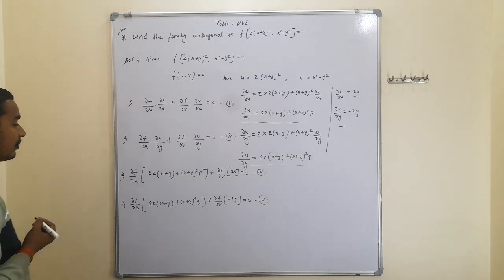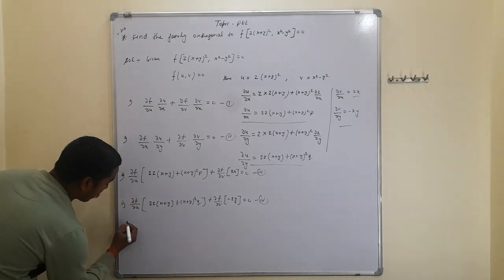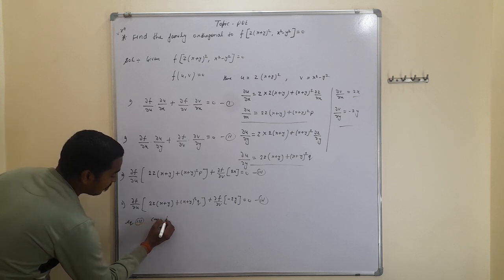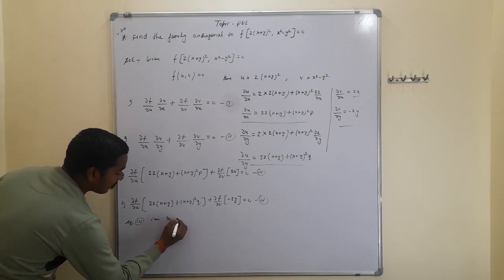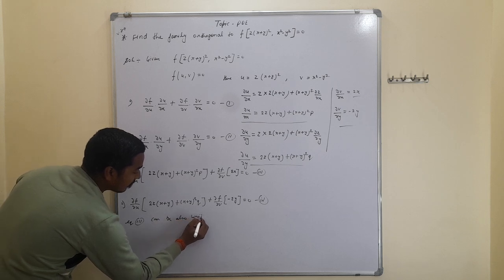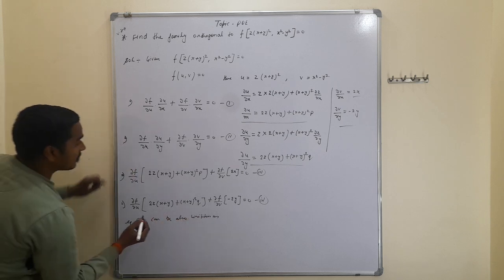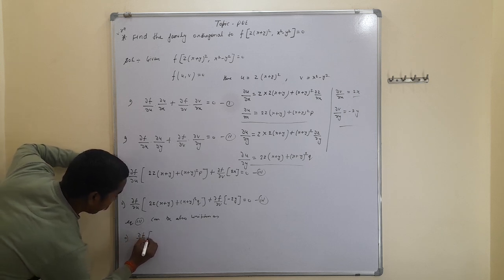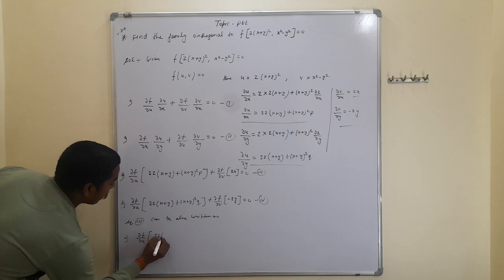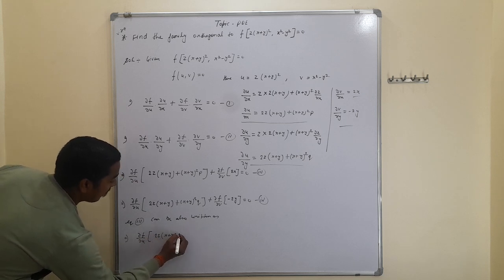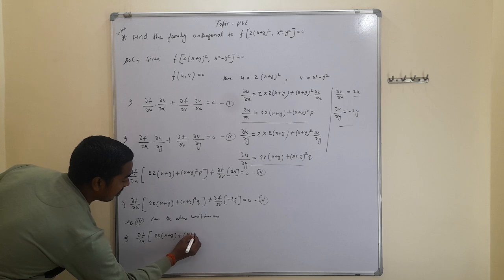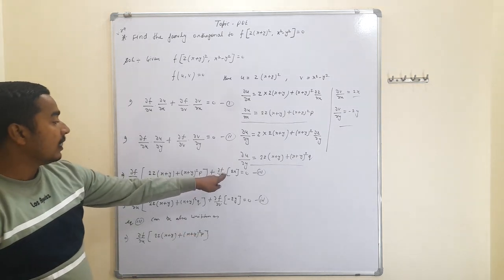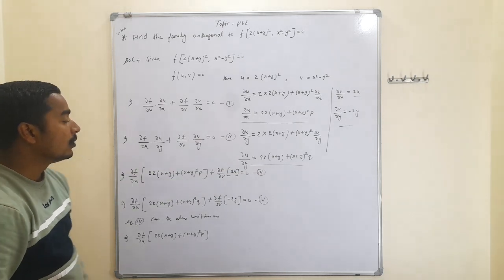Equation 3rd can also be written in the form of del f upon del u into 2z (x plus y) plus (x plus y) whole square into p, and we take del f upon del v into 2x to the right hand side.